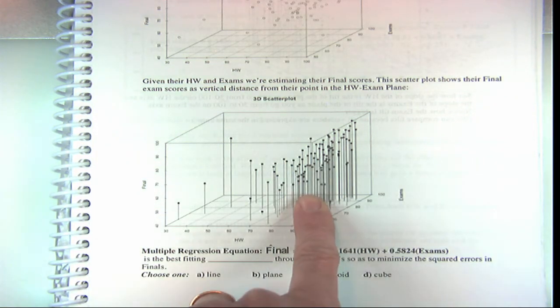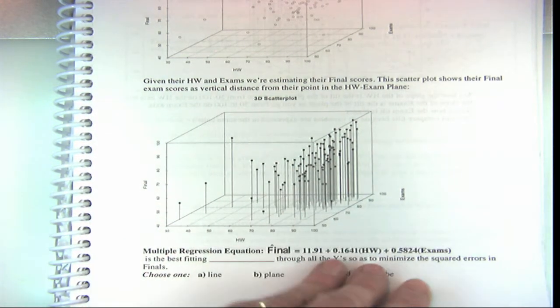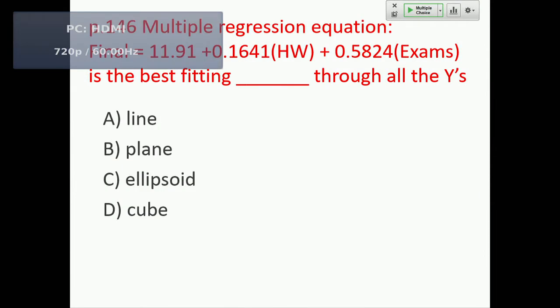That's your next iClicker question. It's the best fitting plane through there to do what? And that's your next question.